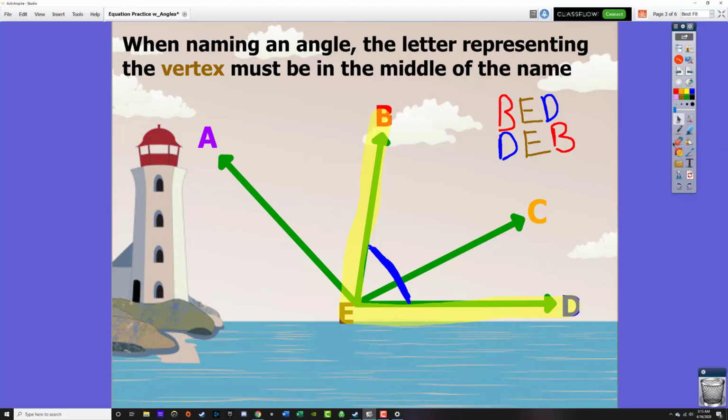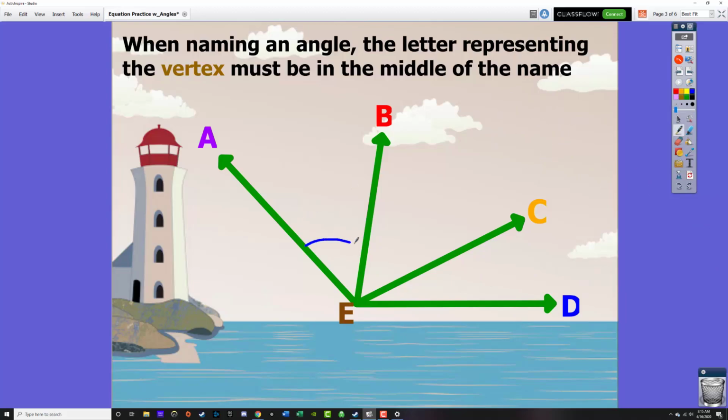Okay, and we have one more possibility for now that I'd like to go over. What if I wanted the name of this whole thing, the entire angle, all the way across? So if I wanted everything across from here to here, what would that angle be?